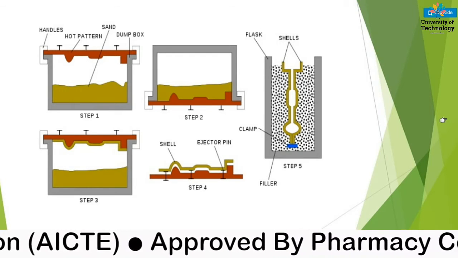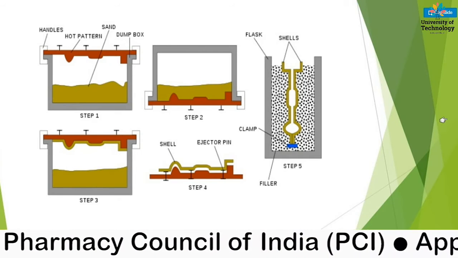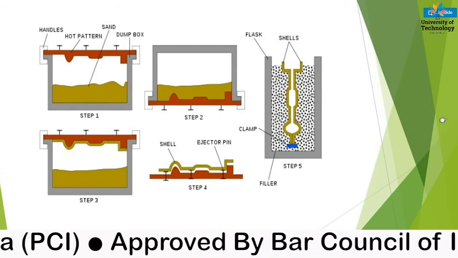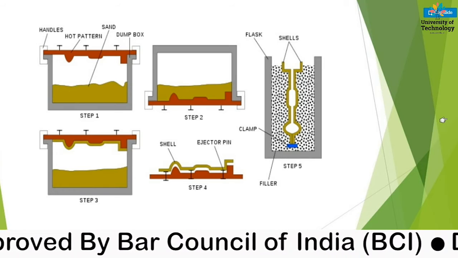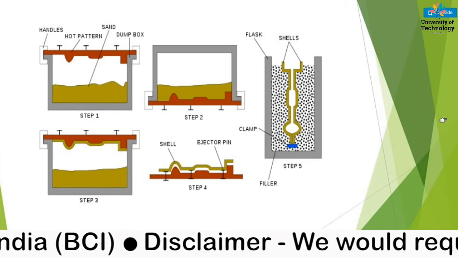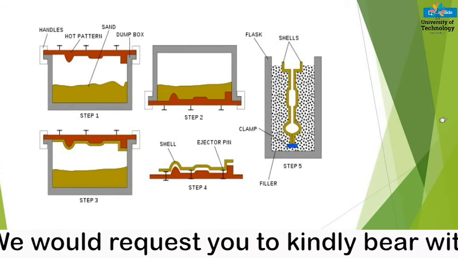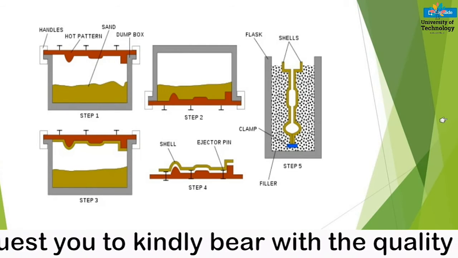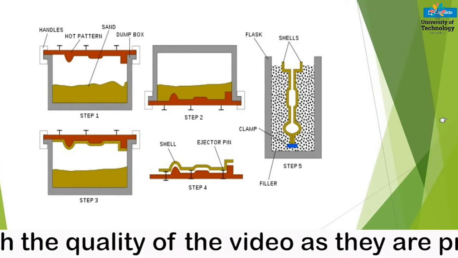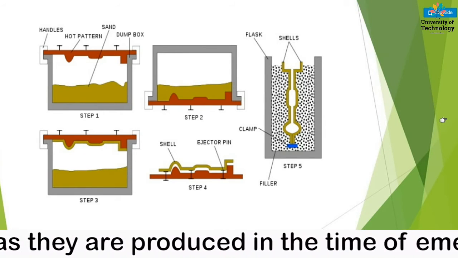In step second, reverse the dump box, and in step third, again reverse the box, and in step four, remove the hot pattern outside and then solidify it with shell ejector pins, and then finally we insert the shells in a flask as per this figure.